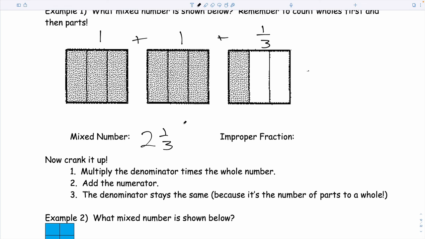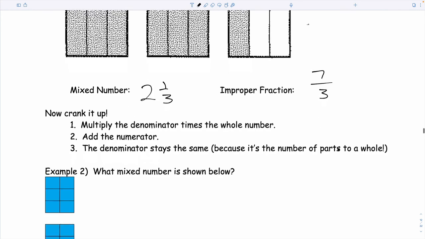If I want to get the improper fraction, here's what I do. I multiply the denominator 3 times the whole number 2, and then I add 1. 3 times 2 plus 1. Has your teacher last year taught you the acronym MAD? Yeah. Okay, you have it stuck in your head. This process should be pretty fluent for us.